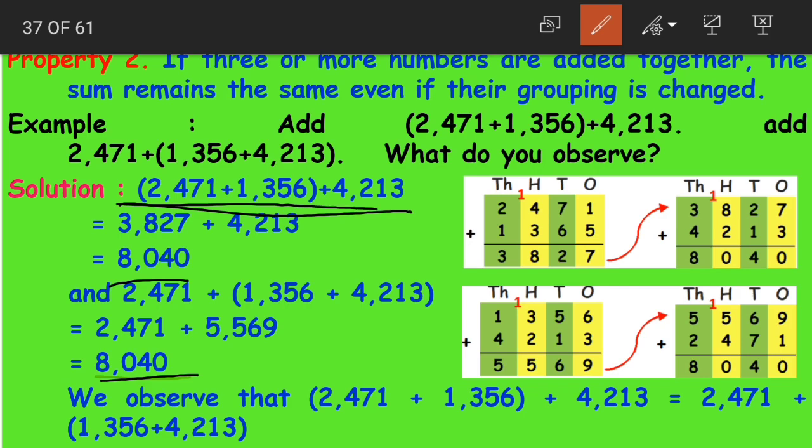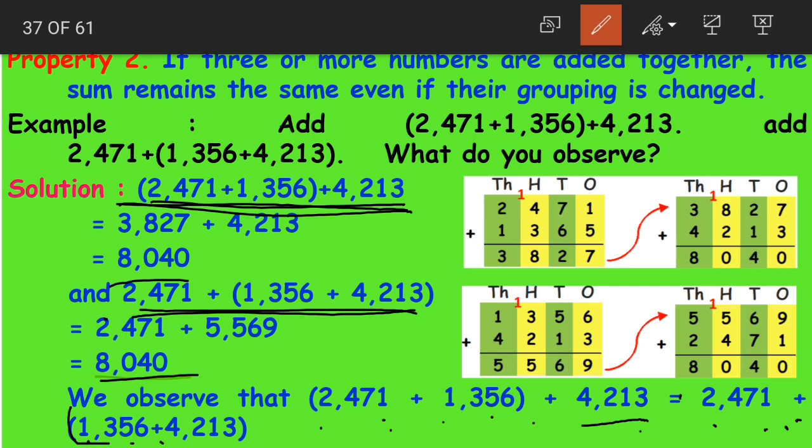We can say that this is equal to this. Yes, both the 2471 plus 1356 plus 4213 is equal to 2471 plus, brackets open, 1356 plus 4213.